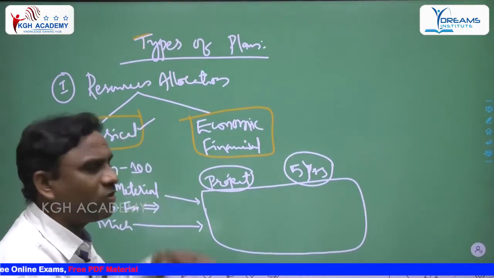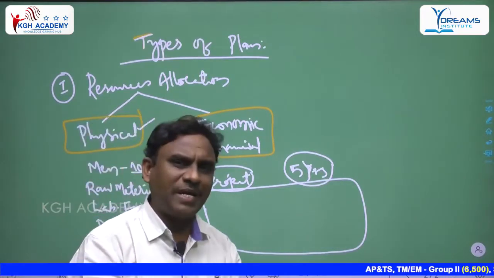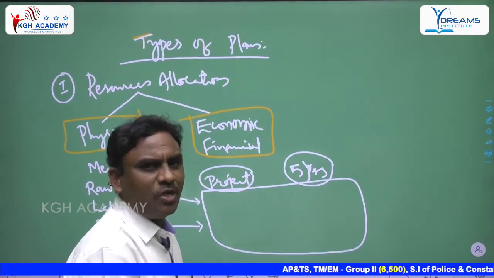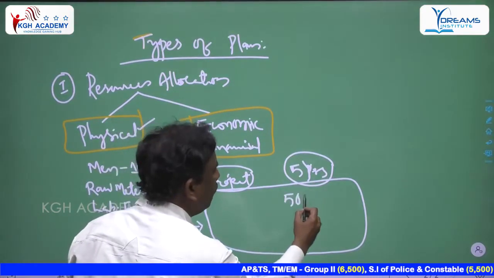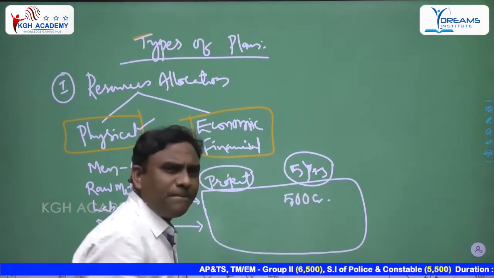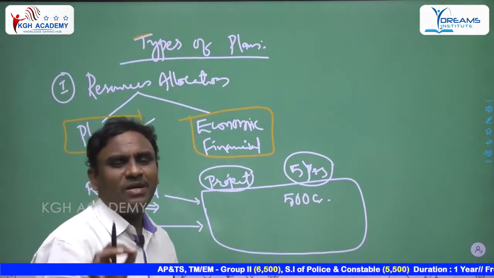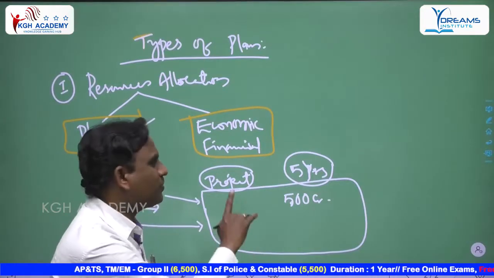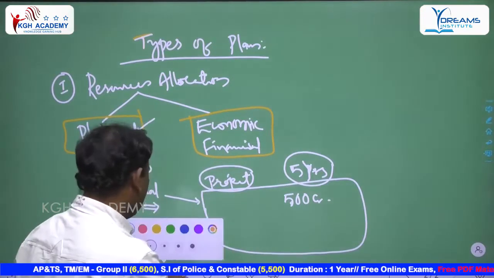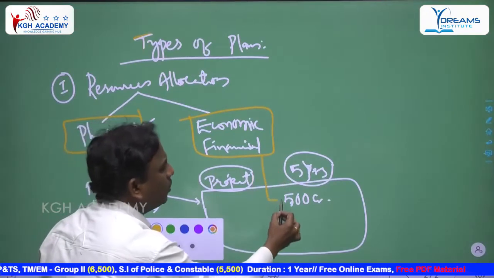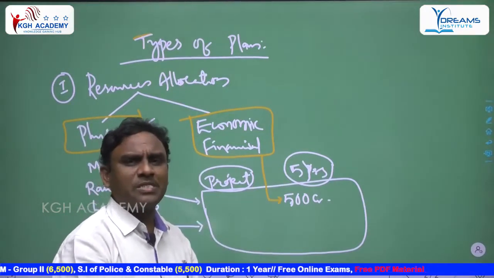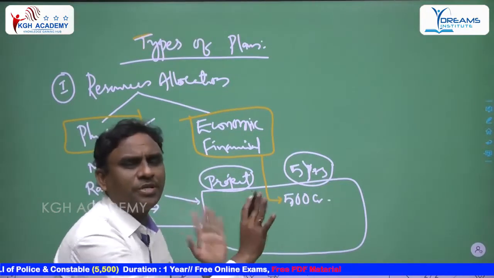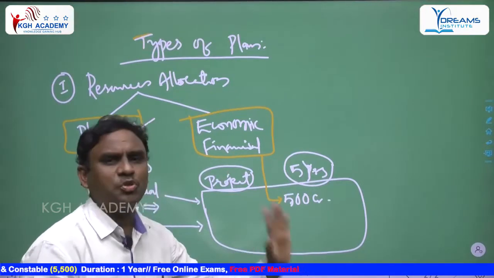Then the second one is economic plan or financial plan. To construct this project, 500 crores are required. Simply, the government allocated 500 crore rupees to this project. Very simple. By allocating 500 crore rupees, this project will be constructed with the support of this amount only.